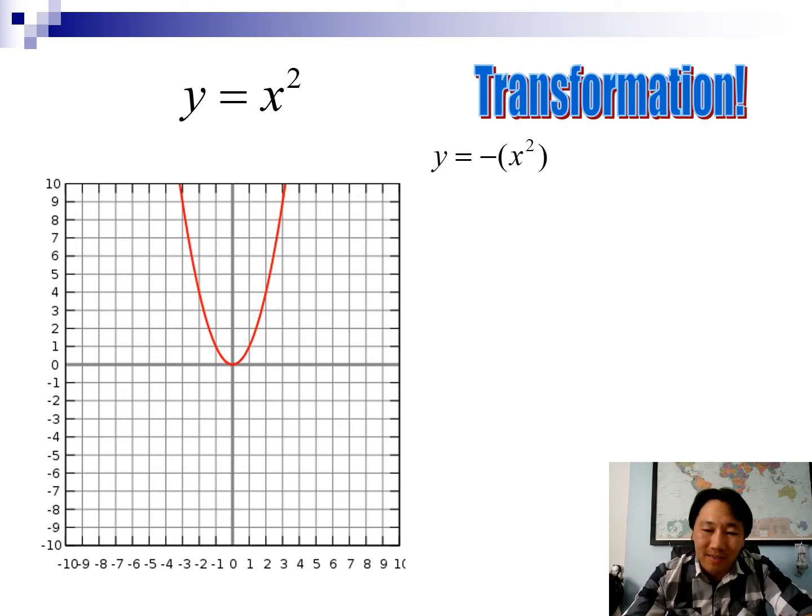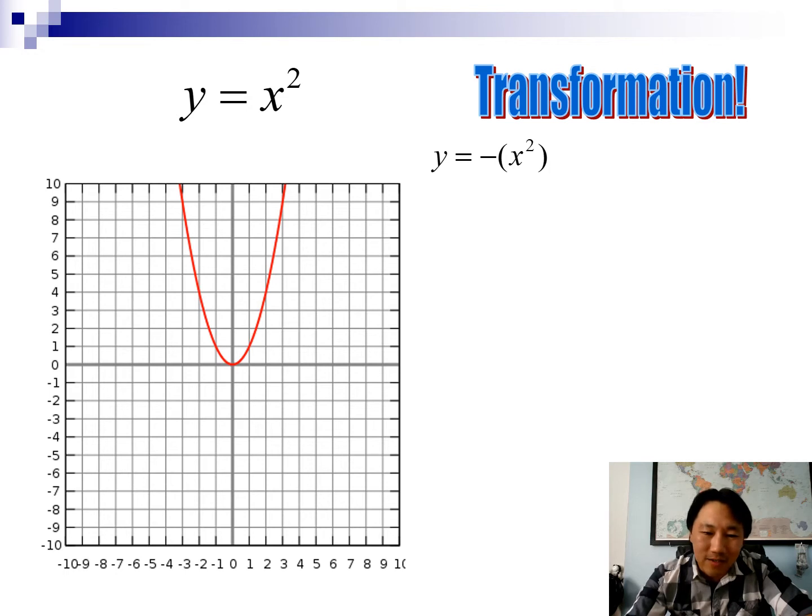What do you guys think will happen if I put a negative in front? It will go like this. Oh, that's bad. It's drawn pretty badly, but in mathematics, we say that the graph is reflected across the x-axis.